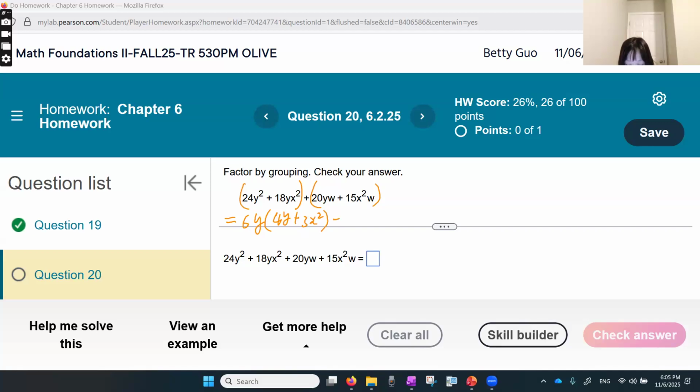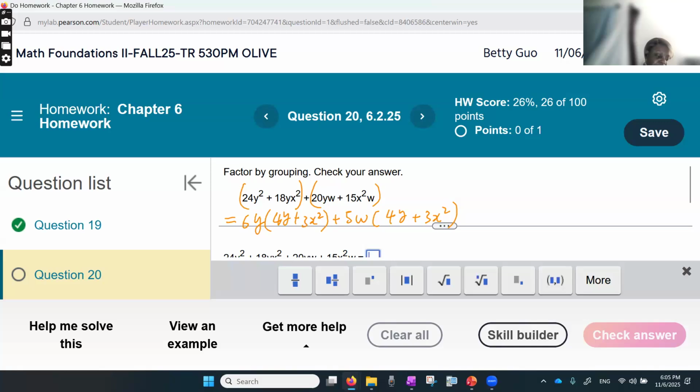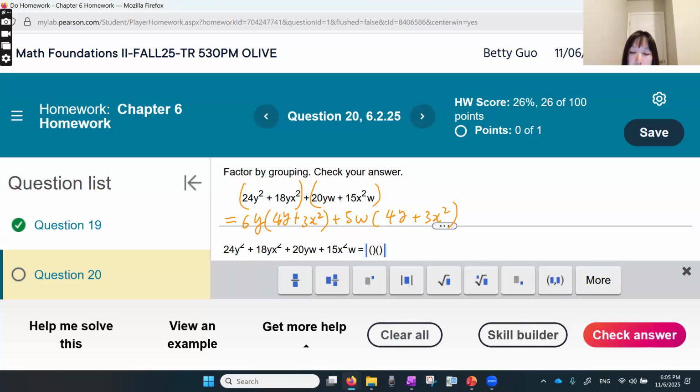Okay, last two terms, factor 5w out. Then we have 4y plus 3x squared. Agree? Yes. So you see they have a common binomial factor, which is 4y plus 3x squared. Parentheses times parentheses: 4y plus 3x squared.